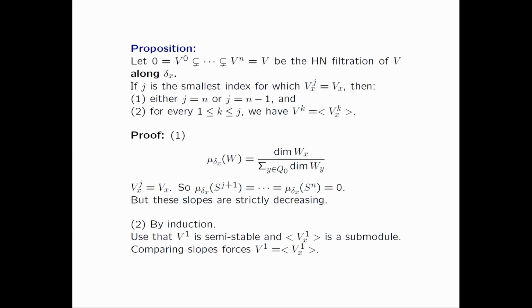And then we look at their slopes, but the slopes again have to be decreasing. The submodule has to have a bigger one, and it forces all these dimensions to be exactly the same as the ones we get from the module generated at x. So it's a very simple argument, and then by induction you get the theorem.